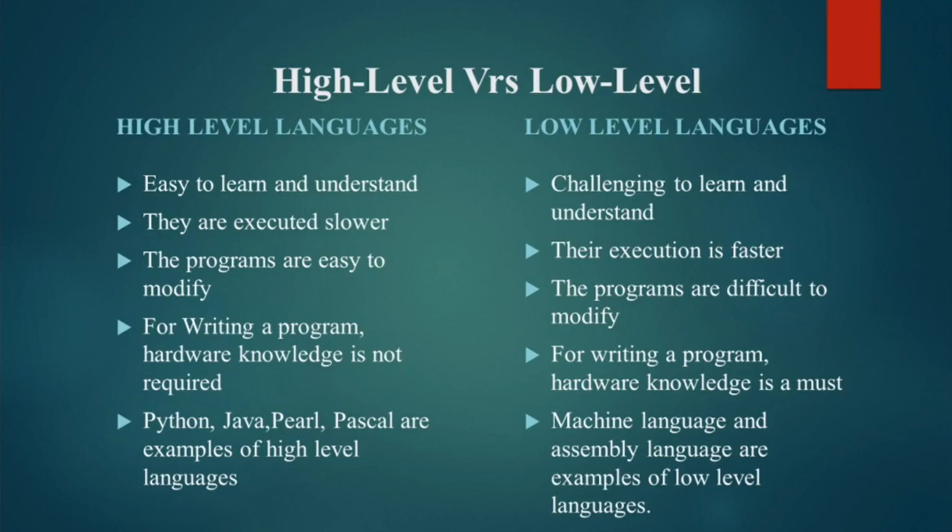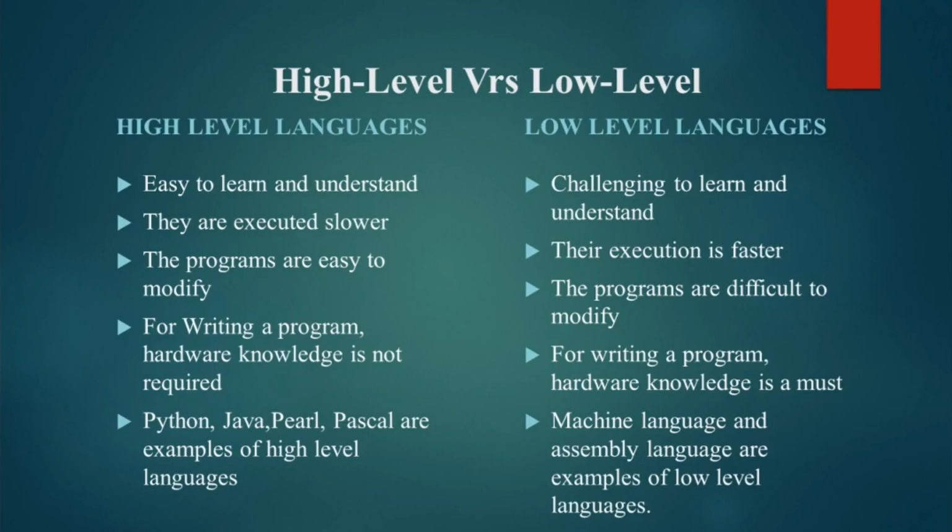Explain why. With high-level languages, the programs are easy to modify. But with low-level languages, the programs are difficult to modify or change. Imagine you write a program in a high-level language like Python. If you meet another Python developer, he can easily modify or change the program.